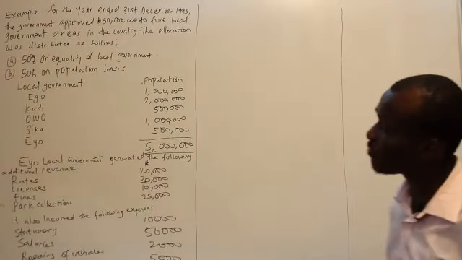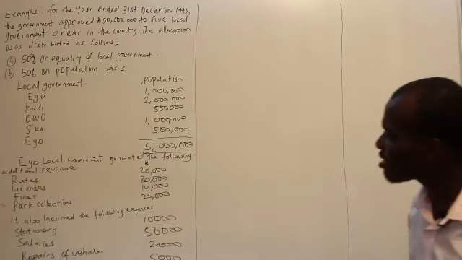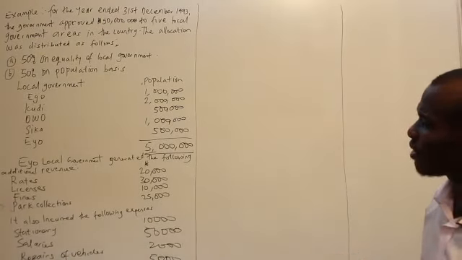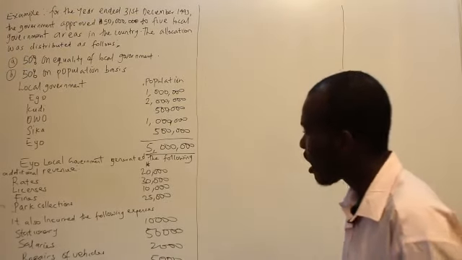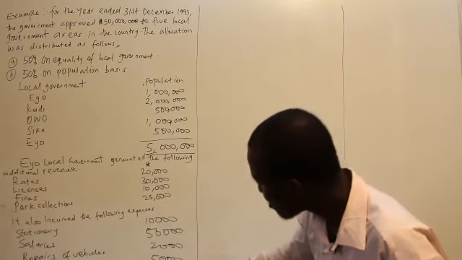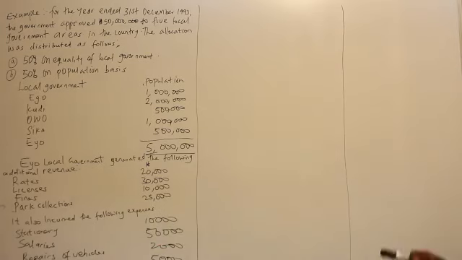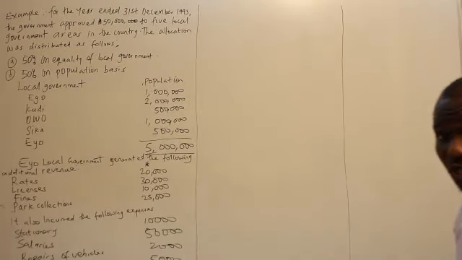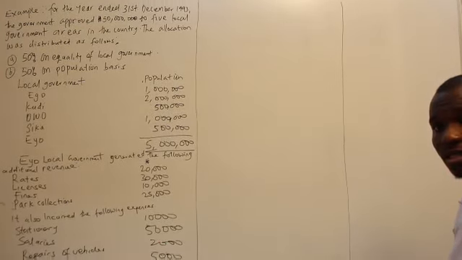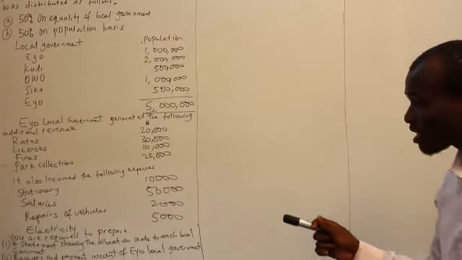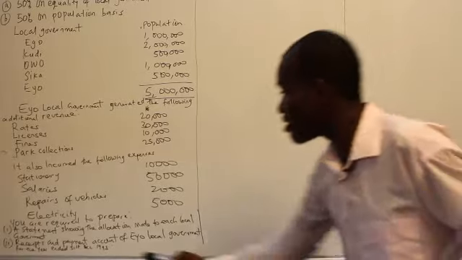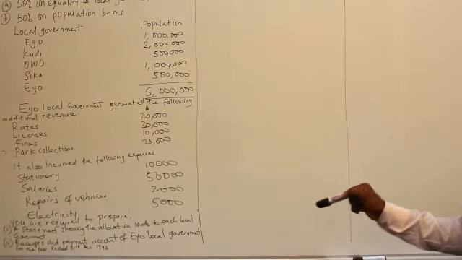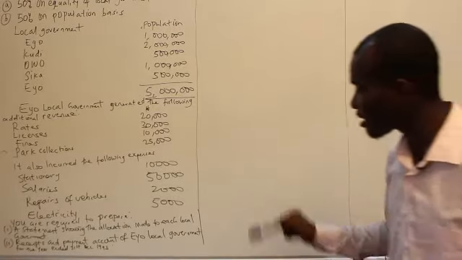A local government area generated additional revenue and incurred the following expenses. So we are asked to prepare a statement showing the allocation made to each local government, and the receipt and payment account of the local government area for the year ended 31st December 1993.